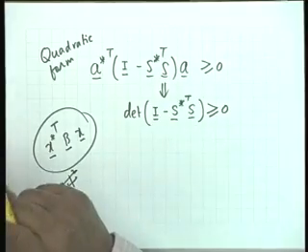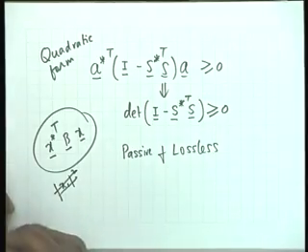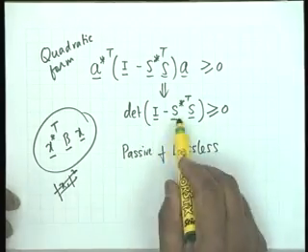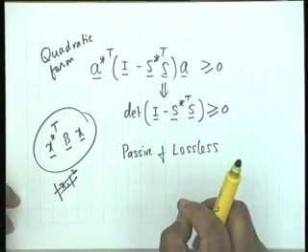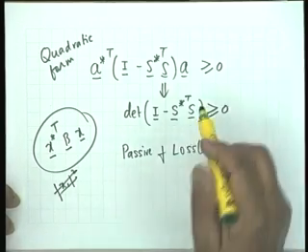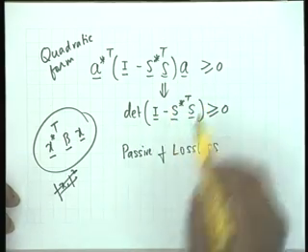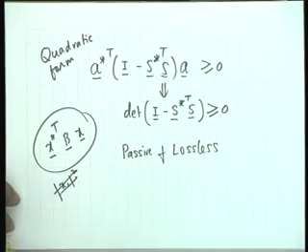Now, for the special case that the network is passive and lossless, well, I argued that the determinant must be equal to 0, and in addition each term in the matrix shall be equal to 0.